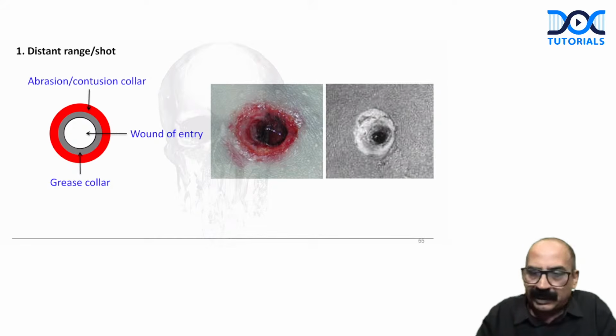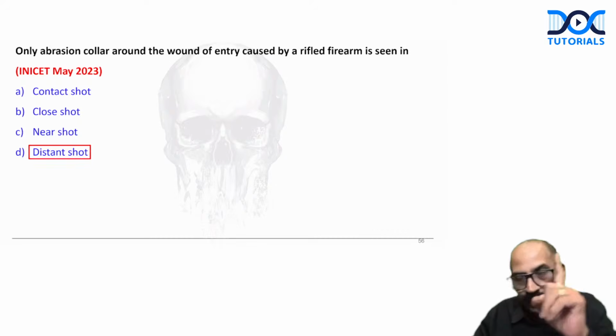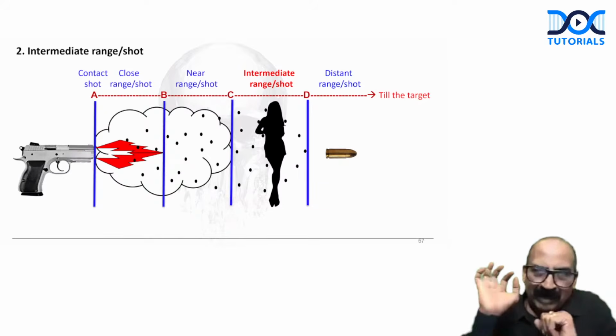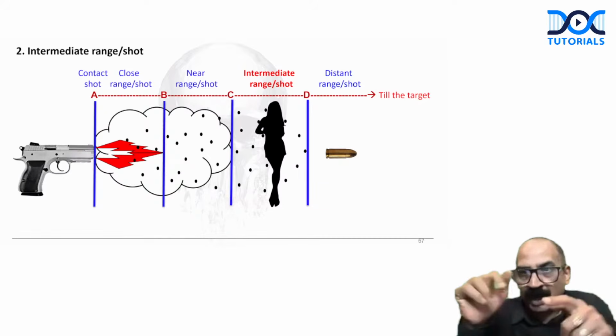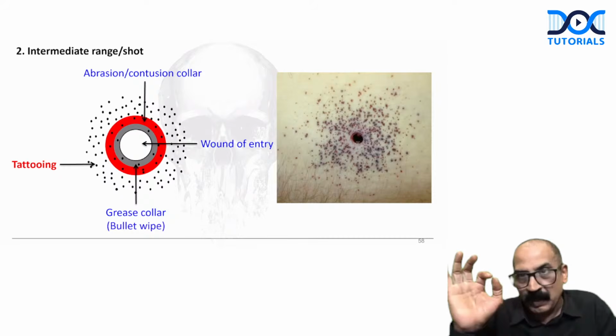Nothing is there, so it is a distant shot. Only abrasion collar around the wound of entry caused by a rifle firearm is seen in a distant shot. See, so many questions are asked in the examination. Intermediate, I already told you, there will be wound of entry surrounded by tattooing. Surrounded by tattooing. Look here. Very easy. Okay.